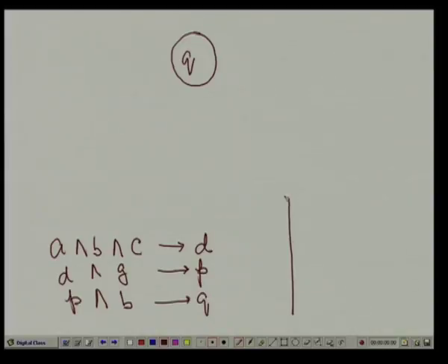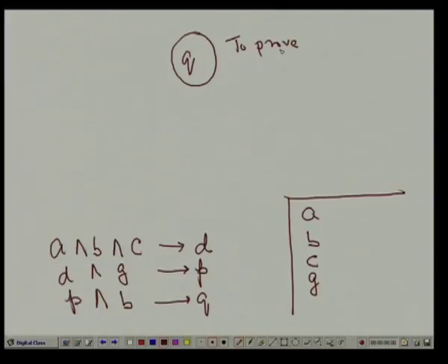And my fact base was having A, B, C, G initially. But here I look at the problem in a different way. My objective is to prove Q, I have to prove Q.